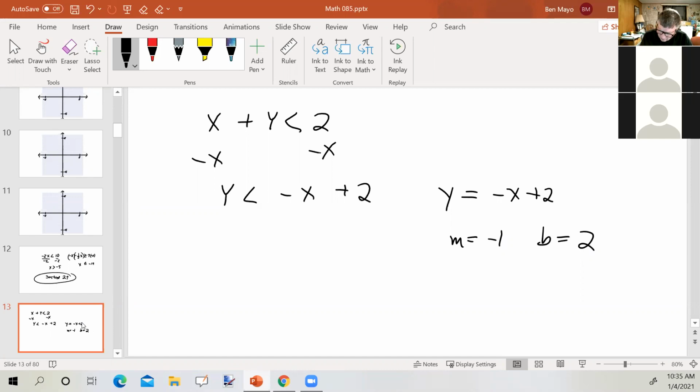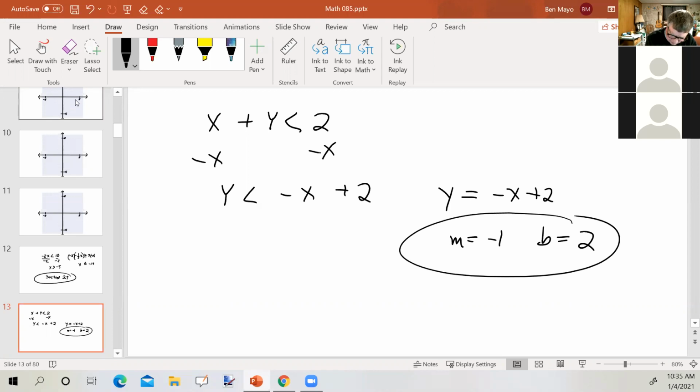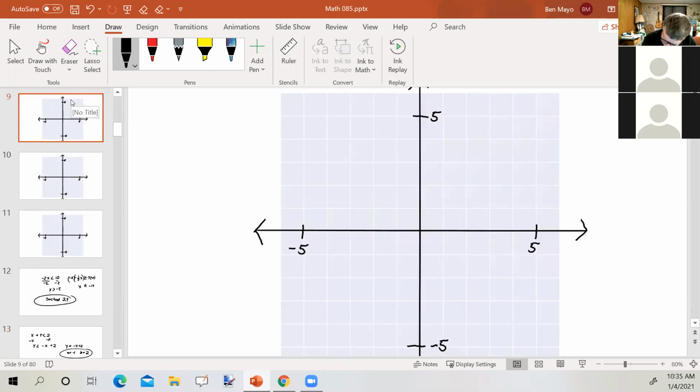So to graph that, using this information, the y-intercept is 2, and the slope is negative 1, so it's going to go down 1 and over 1. And then I could draw a line through those points.